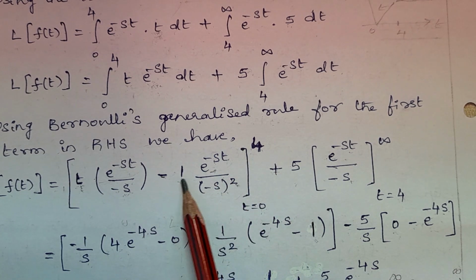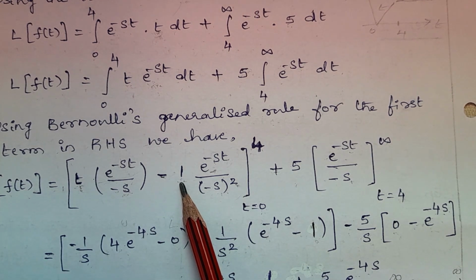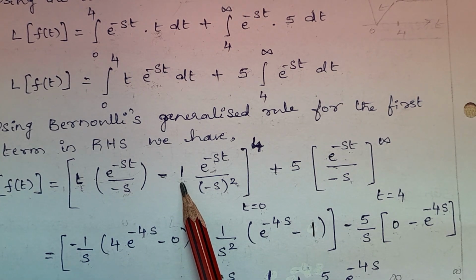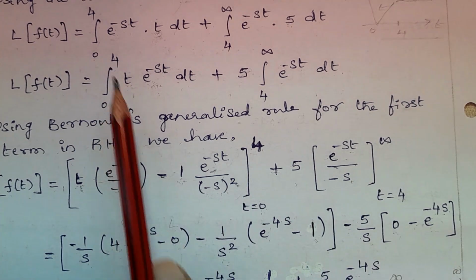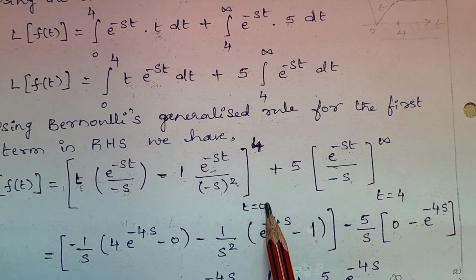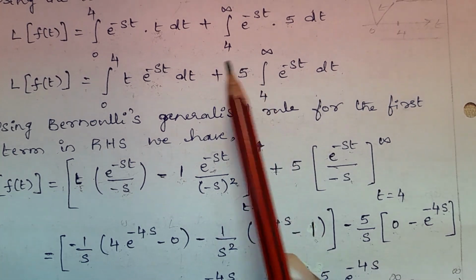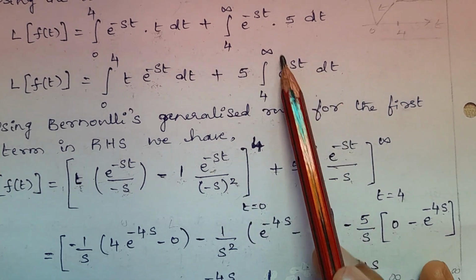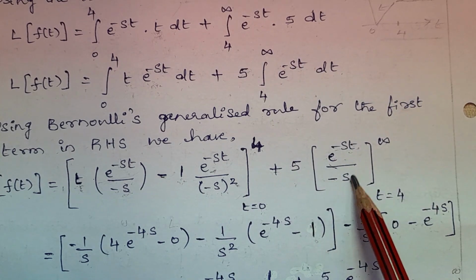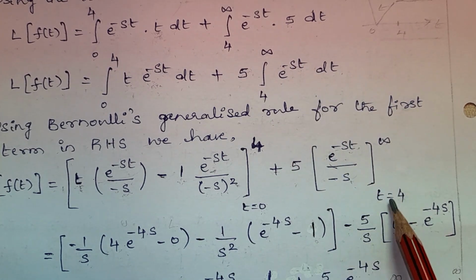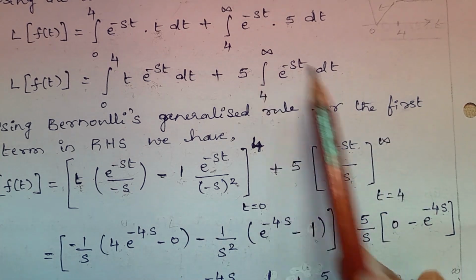Then again apply the differentiation for this; differentiation of constant is 0, so stop here only. Next, apply the limits 0 to 4. Write down the limits here, 0 to 4. Next, plus 5. Integral of e power of minus st is e power of minus st divided by minus s. Then write down the limits 4 to infinity.